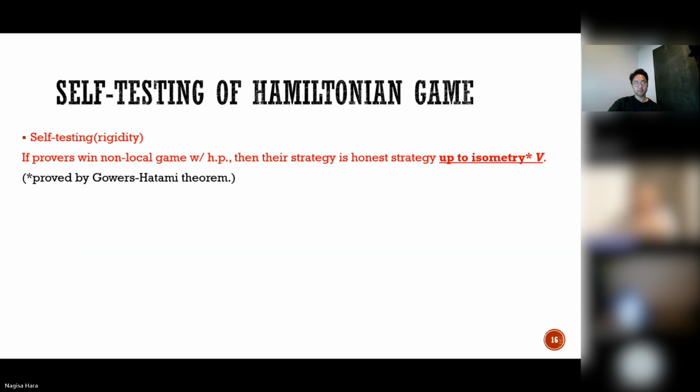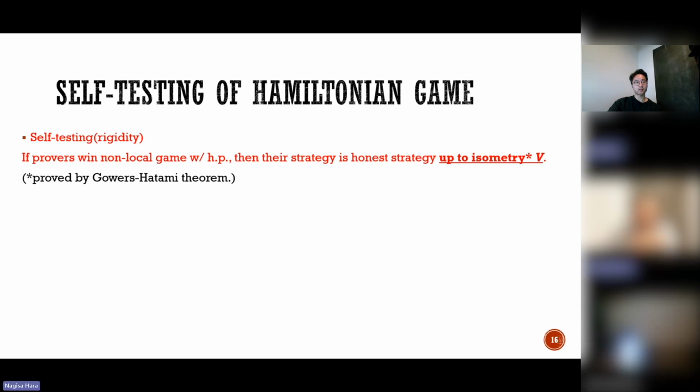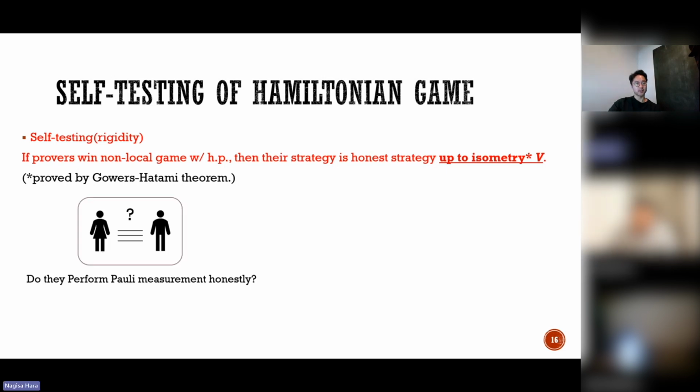Is that what you mean? Sorry, I'm not able to follow. You're saying that Gauss-Hatami is not enough to obtain rigidity, or that it's too strong? Yeah, it's too strong. Okay, got it. I appreciate the usability of the theorem.